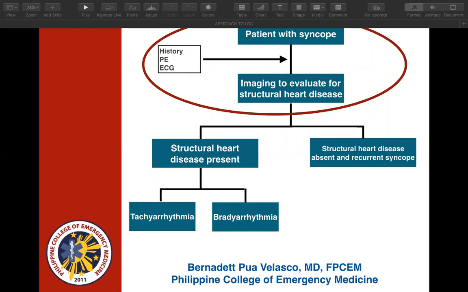In the patient's history, you need to know the setting of the syncope. For example, did it happen post-micturition or during venipuncture? What is the position of the patient? Was the patient sitting or standing? Prior to the episode, what the patient was doing, and presence or absence of prodromal symptoms.